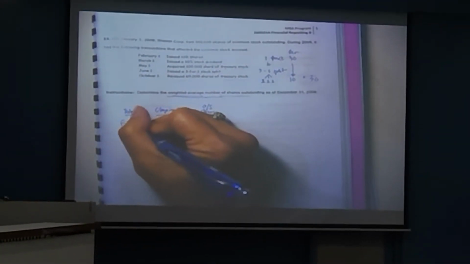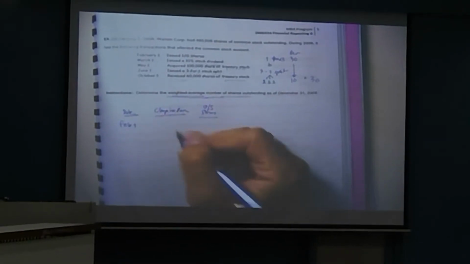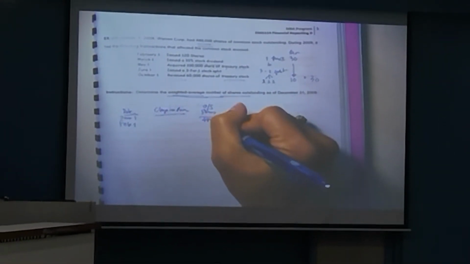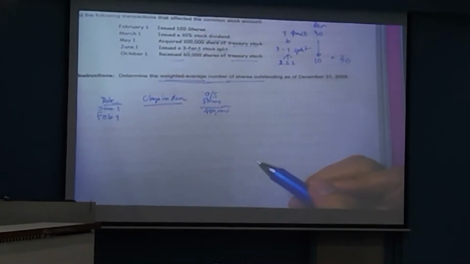Let's say January 1st, you got 480,000 shares outstanding.